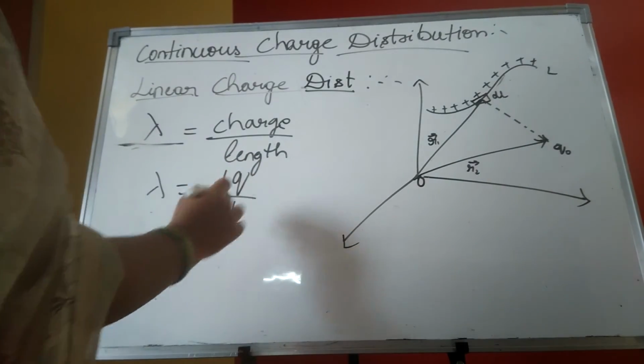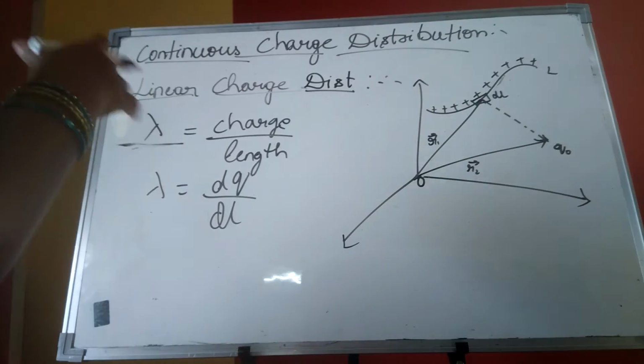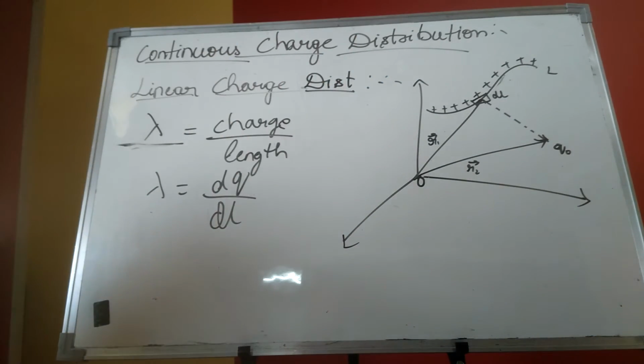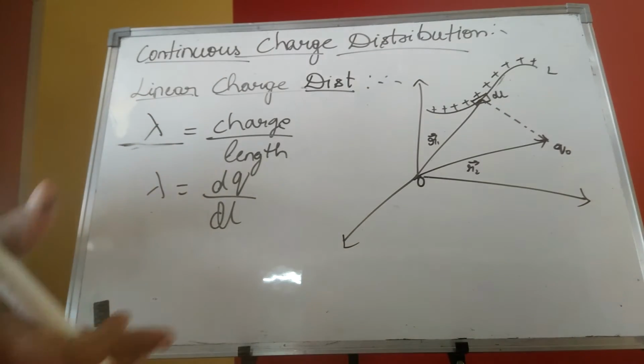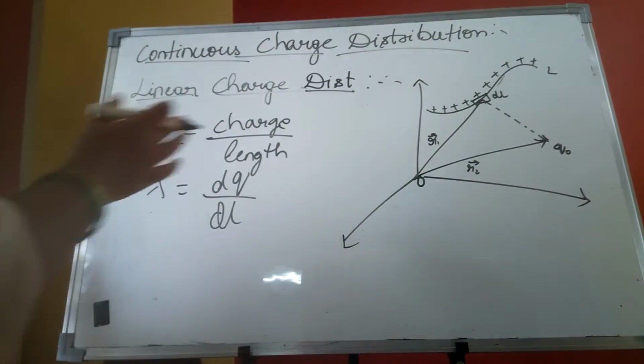Instead of considering the entire length of the charge, first we should consider a small length so that it is easy to calculate for the bigger one by integrating. Integration means adding, right? So by integrating to the entire length, we can calculate it.